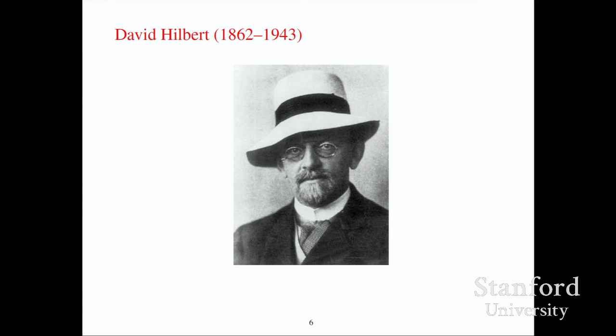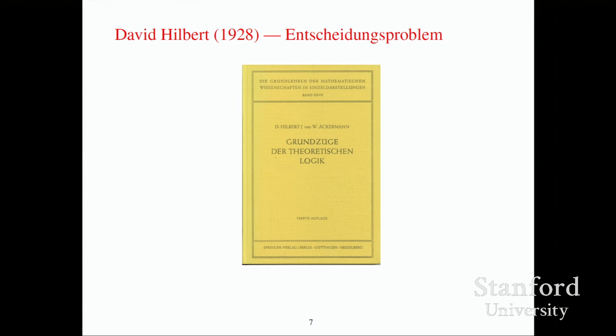What this algorithm would do is decide, given any statement in mathematics expressed formally, whether it was true or false. So you wouldn't need mathematicians anymore. You would just need computers that could execute your algorithm. And this was called the Entscheidungsproblem, because it sounds better in German.